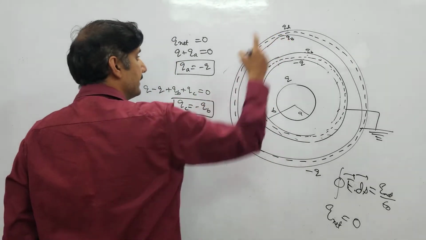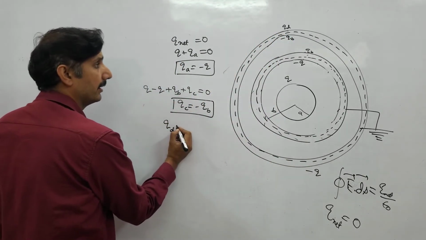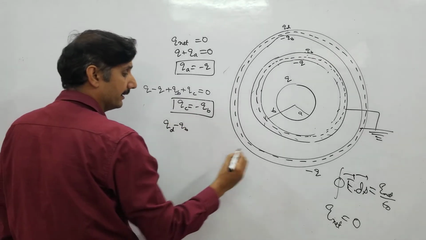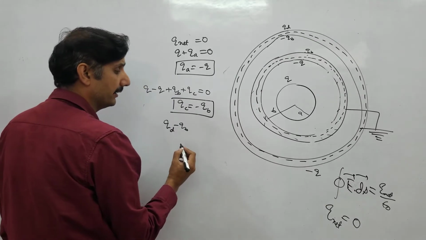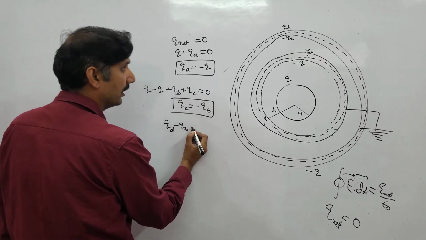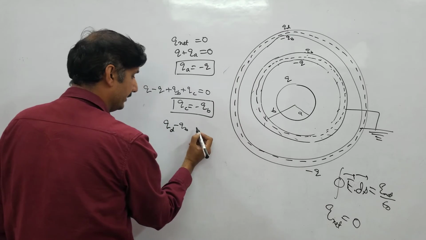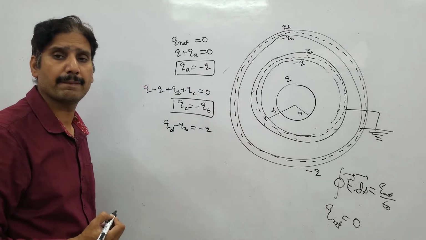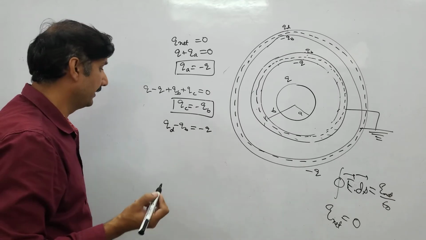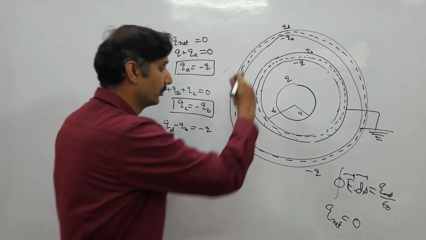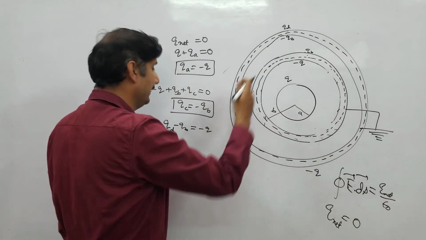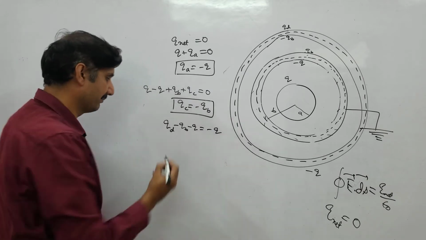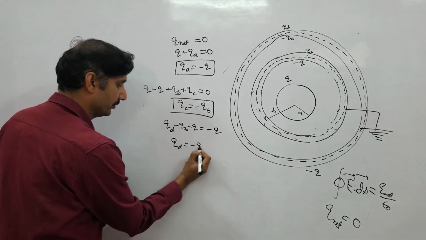So the charge on it is QD and then minus QB, and that should remain equal to minus Q. The total charge should have remained minus Q. That means that QD is equal to QB.